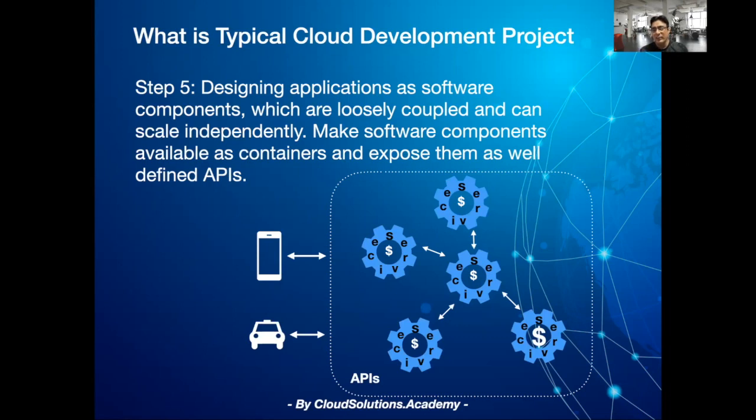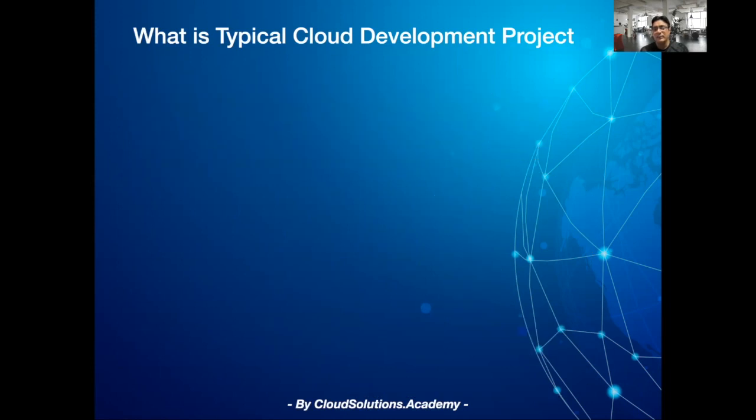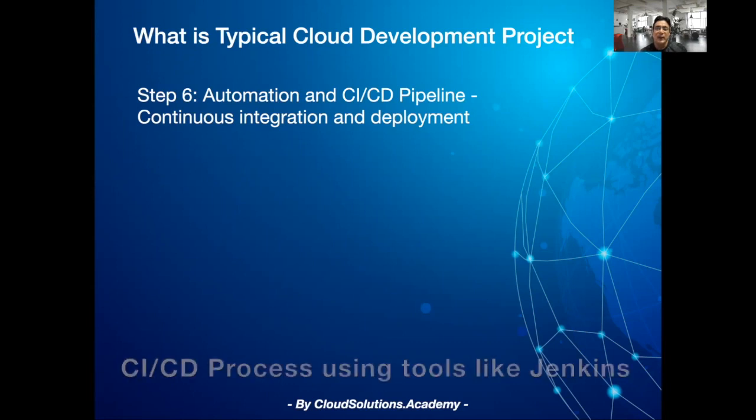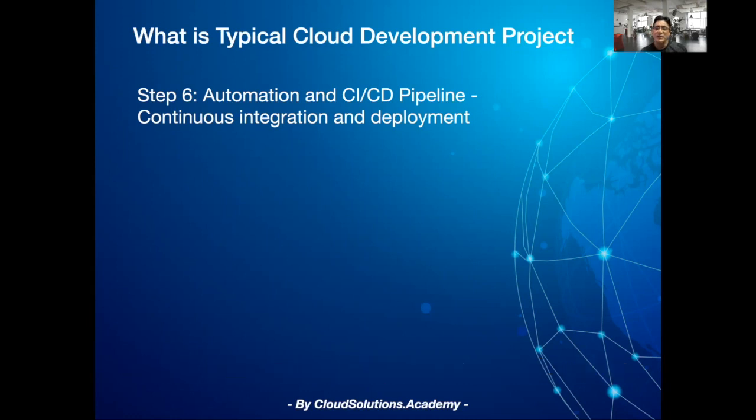Once you have built the application, the next step is around automation and continuous integration, continuous delivery and deployment process. In this step, you go about automating the integration and deployment of applications across environments, be it development, pre-production, or the production environment, and build out the CI/CD process using standardized tools like Jenkins or services offered by the cloud platform.